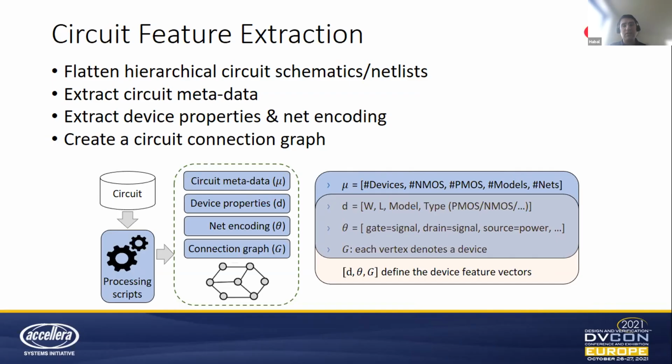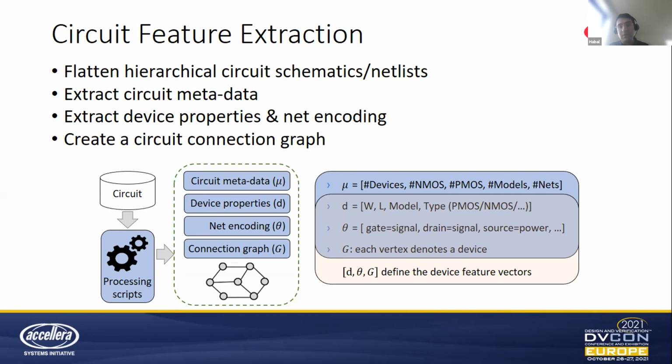We also extract a vector of what we call net encodings, which we found useful for the algorithms. And this means, again, for example, for a transistor, the gate is either signal, power, ground, maybe enable or digital. And we encode the terminal net encoding as a second vector.